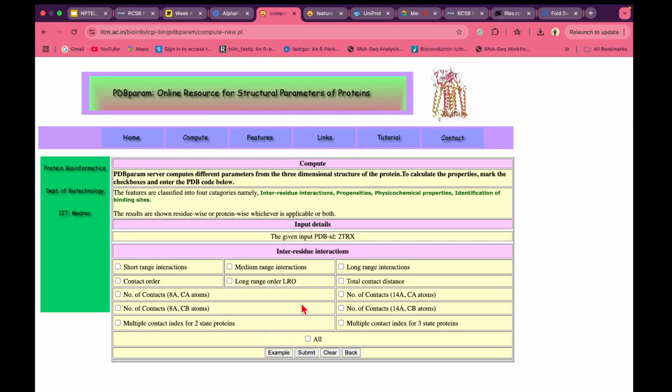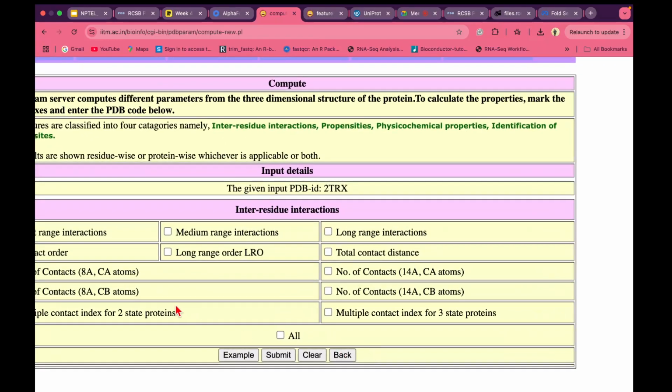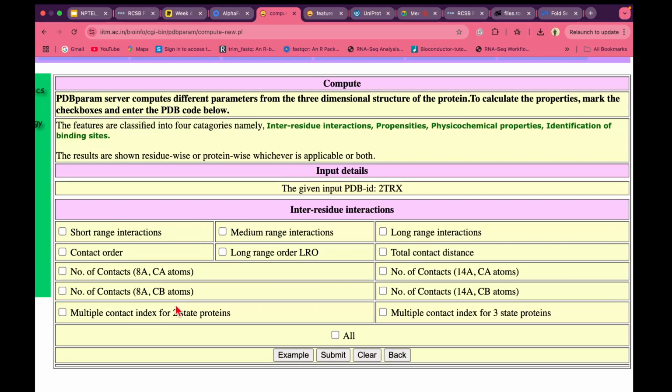Further, it is asking what type of secondary inter-residue interaction information we need. Okay, as of now, let me select all and submit. Since we have selected all, it will take a minute or more for the results to show, because it should calculate all these.